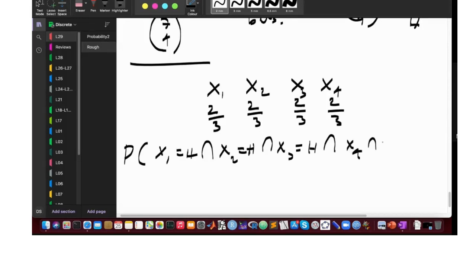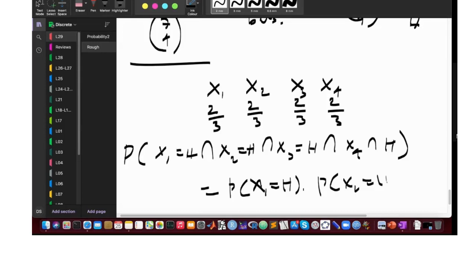Okay, this is what we want, and this is equal to the product of individual की अलग-अलग जो probability है. Okay, times probability of x2 is head and so on. Okay, so this is equal to 2 over 3 to the power 4.